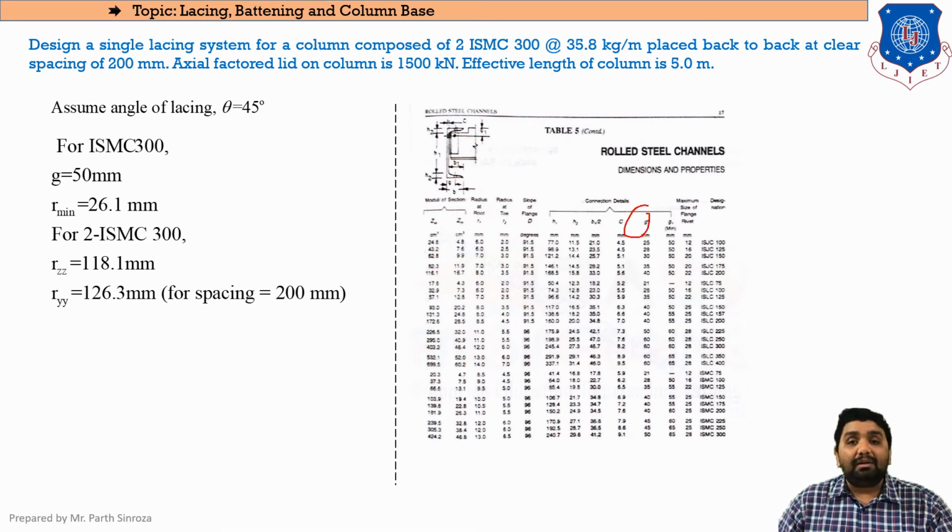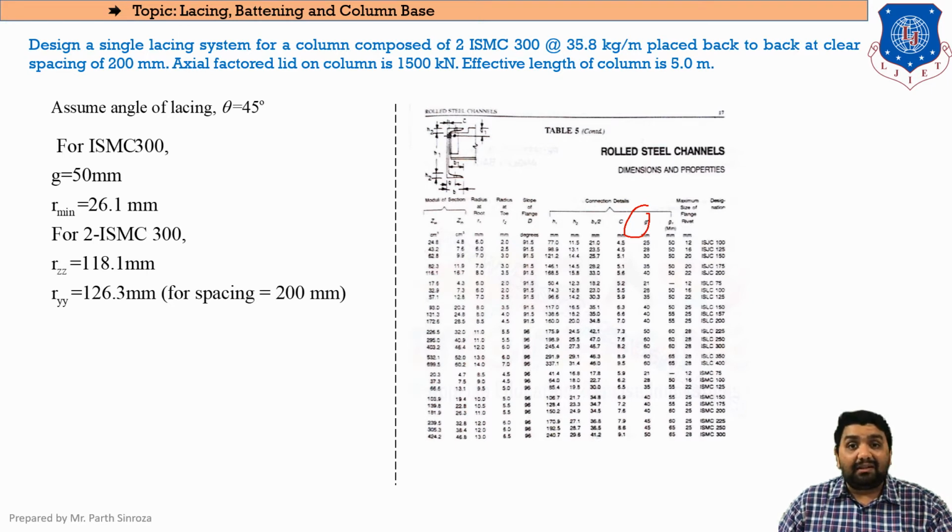Now if you remember the portion of our design of tension members, we used to calculate the value of our gauge. Clear? The gauge value we calculated for our angle section, and for angle sections we always assume the gauge, that means the distance from our bolted connection to the top of the plate, to be 60% of the total length.